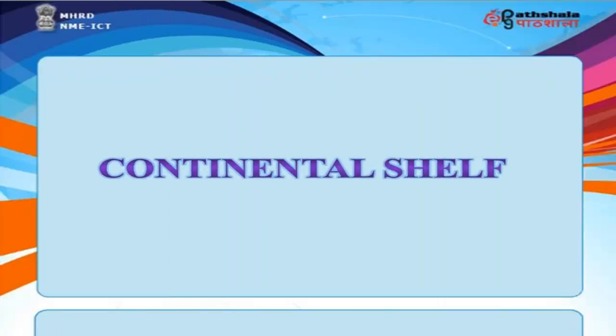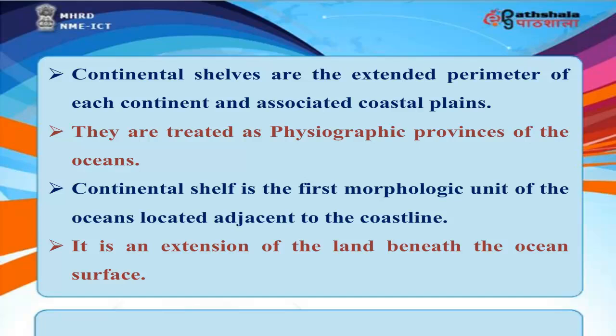Continental shelf. Continental shelves are the extended perimeter of each continent and associated coastal plains. They are treated as physiographic provinces of the oceans. Continental shelf is the first morphologic unit of the oceans located adjacent to the coastline. It is an extension of the land beneath the ocean surface.